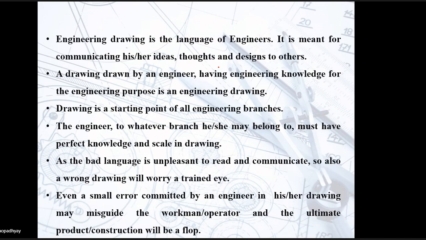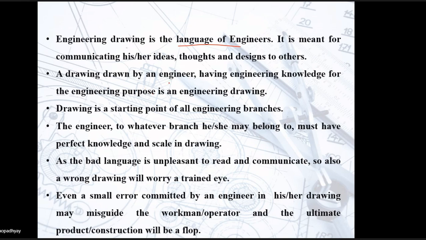So engineering drawing, it is the language of engineers, and it is a means to communicate his or her idea through designs to others, and it is a universal language, right? Say if I draw something here, someone in USA, he should also be able to decipher from the drawing what you are trying to convey, right?